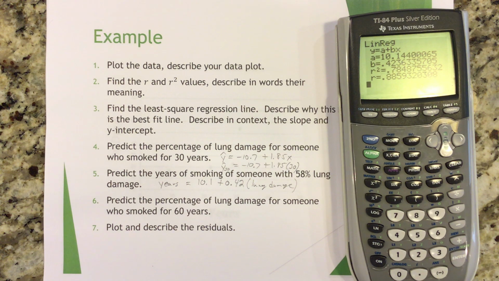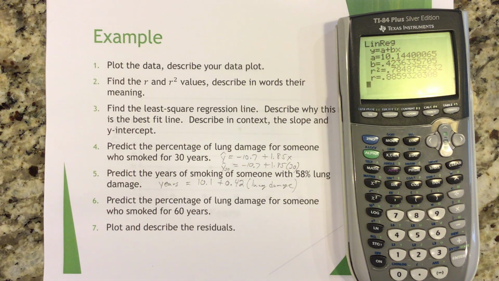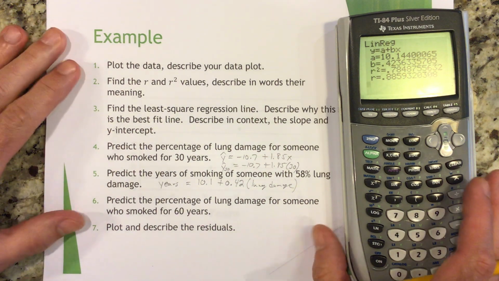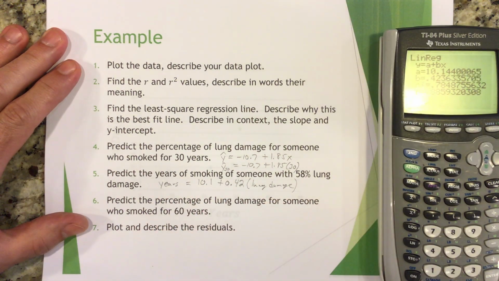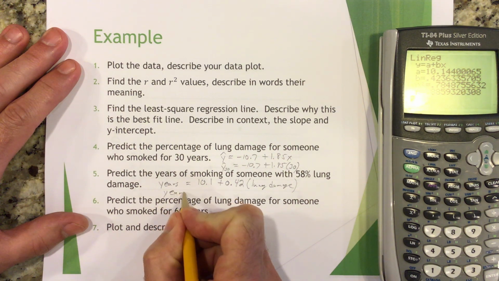Well, now you can't say, hey, how many years did you smoke, right? All you can do is look at their lungs, and then you would use the lungs to try to predict how many years they smoked. So we could think of some instances where maybe this reverse relationship does make sense. Okay, so anyway, let's use that equation and let's put 58 and see what we get.